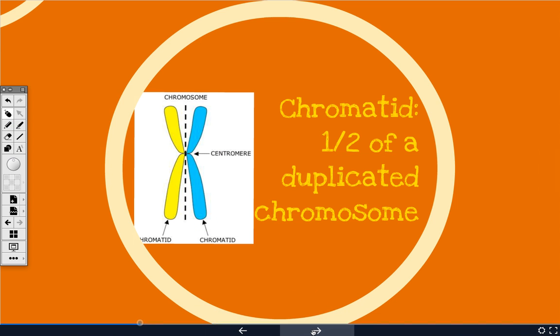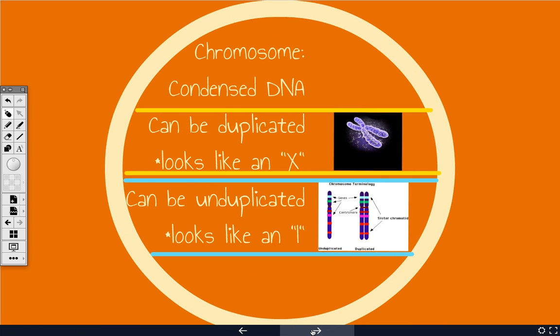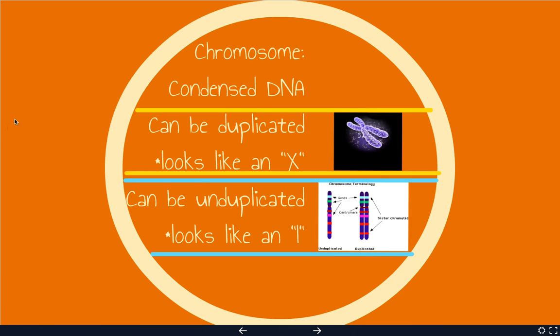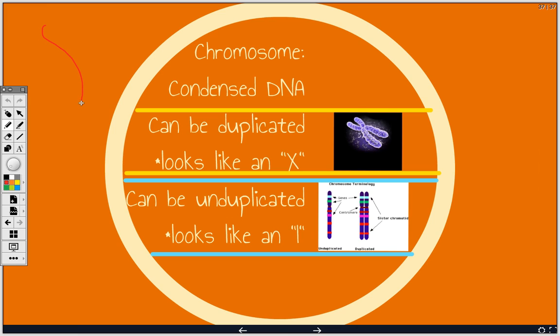Our next type is just a chromosome. It's DNA, our big, long trail of phosphates and sugars, and it's in this shape.